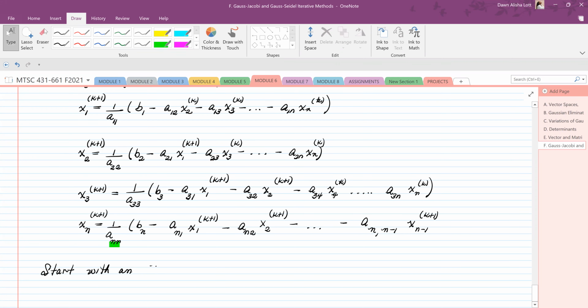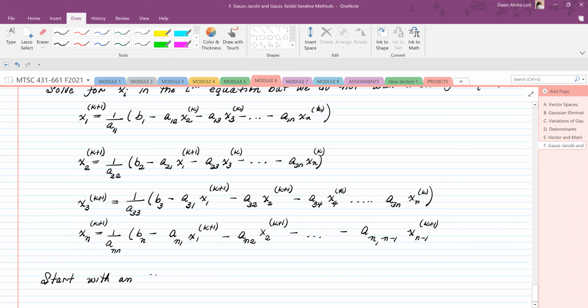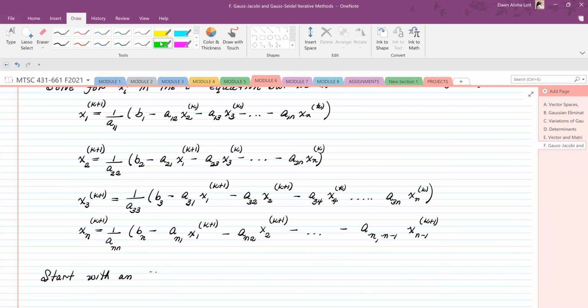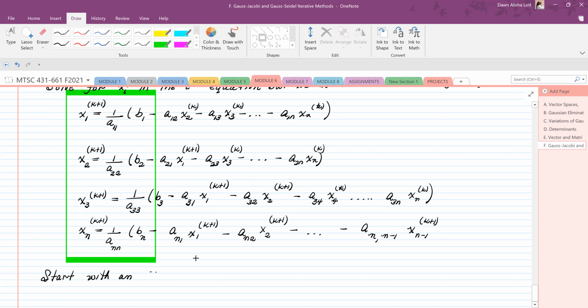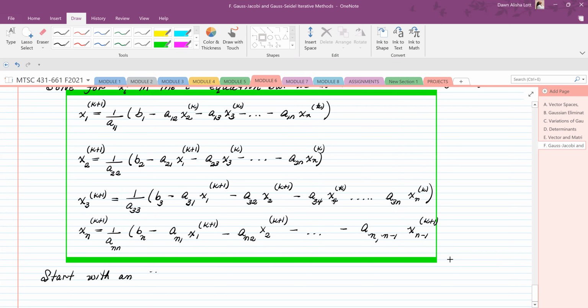So this is the new algorithm. As you find a new iterate, you use it immediately. We don't wait. So this one is equation double star.